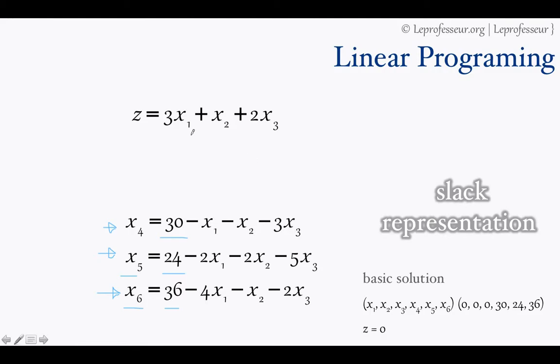Let's focus on the objective function now. x1, x2, x3 can take an infinite number of possible values, but the minimum value of x1, x2, x3 is 0, and using that 0 value we found the value of x4, x5, and x6.